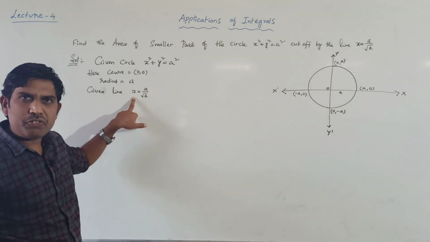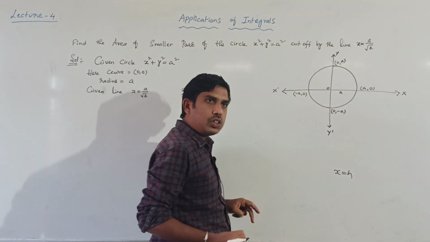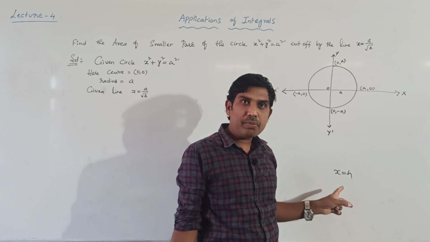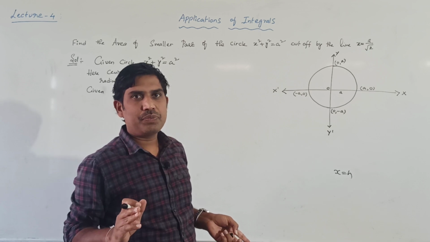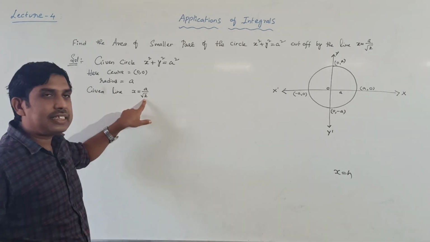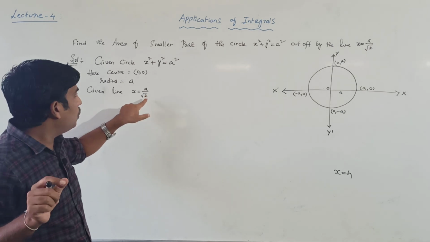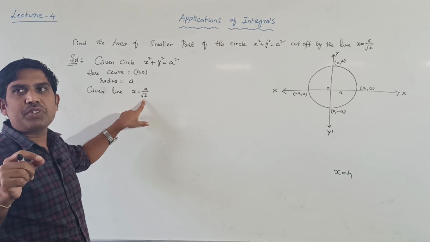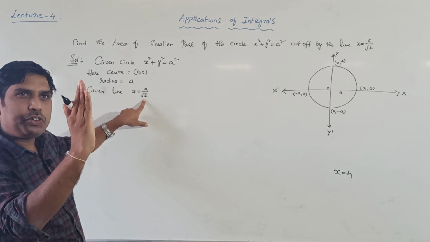It is in the form of x is equal to h, so the given line represents a vertical line at a distance of a by root 2 units right to the y axis.